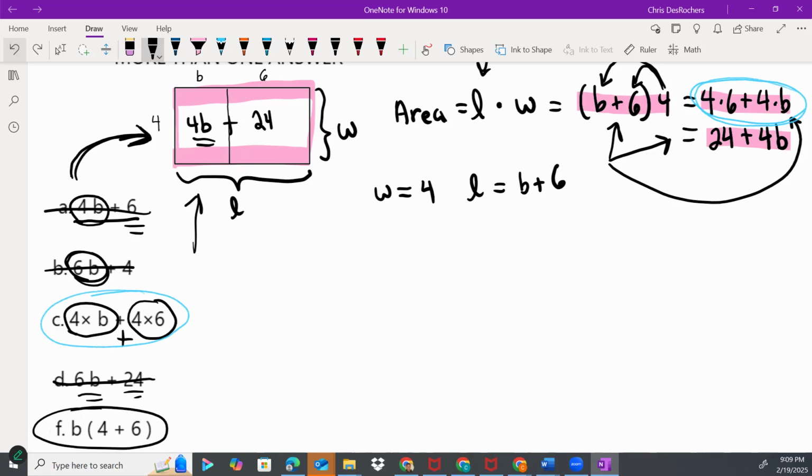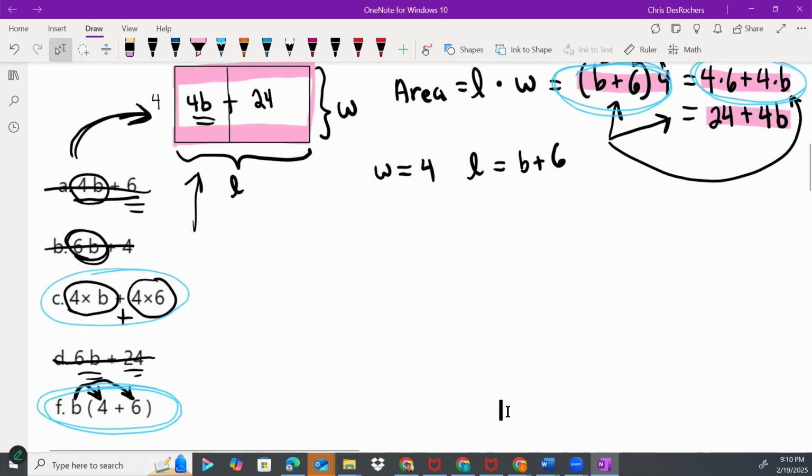That probably isn't very clear. So let me do that now. B times 4 and B times 6 added together. And if you look right here, that again is just right there. So that is one way of also showing the value of the two combined rectangles.